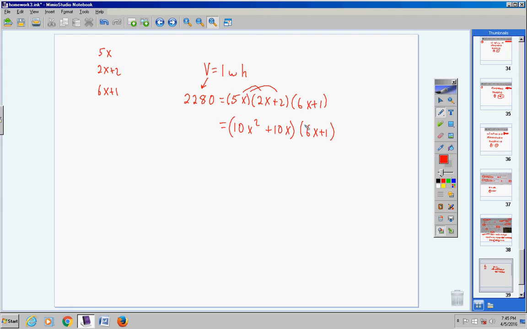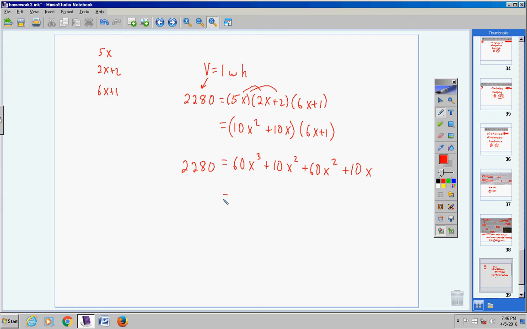Now, bring down your 6x plus 1. Now take your 10x squared and multiply it through. 10x squared times 6x, that's 60x cubed. 10x squared times 1, that's 10x squared. 10x times 6x, that's 60x squared. And 10x times 1 is 10x. And over here we still have 2,280.